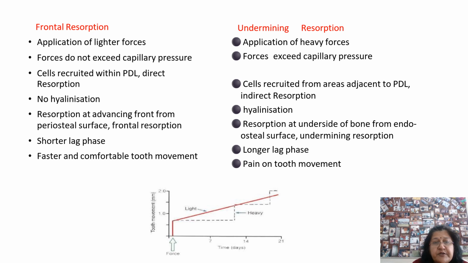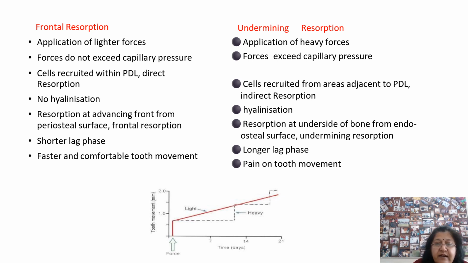When frontal resorption is occurring, there is a shorter lag phase of tooth movement, whereas there is a longer lag phase of tooth movement in undermining resorption. When light forces are applied, there is faster and more comfortable tooth movement for the patient, whereas there is pain on tooth movement when heavy forces are applied.